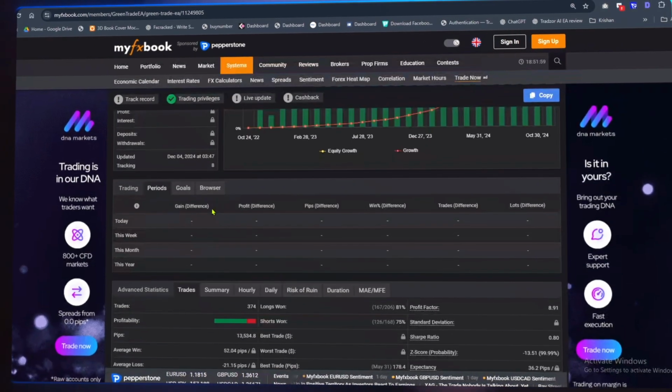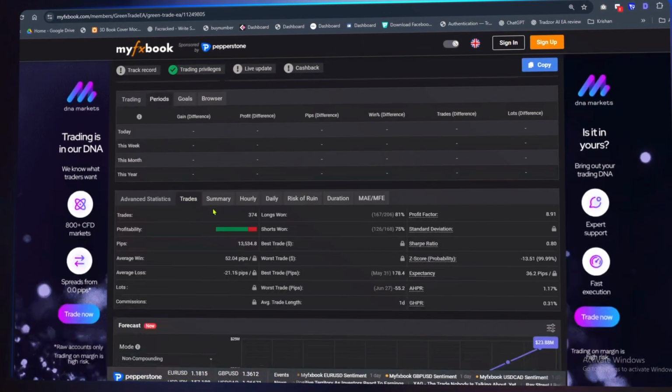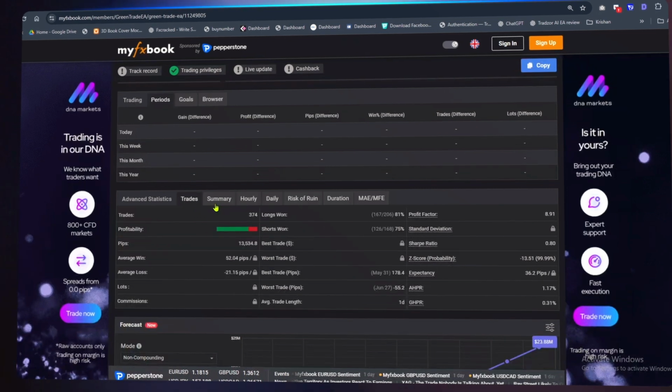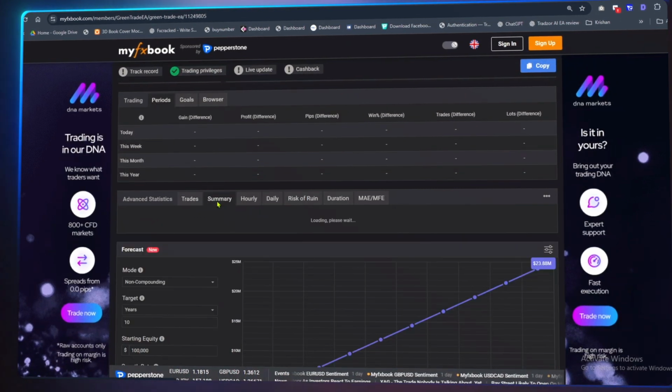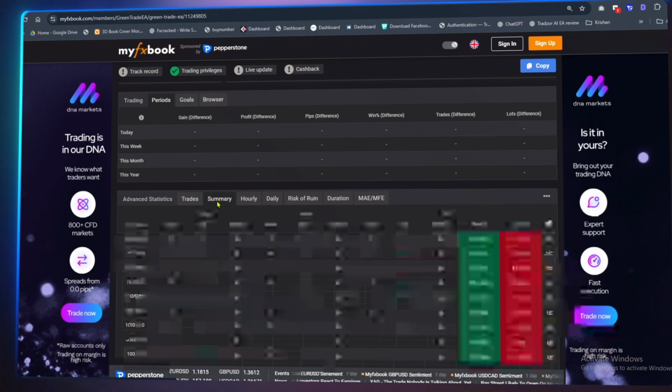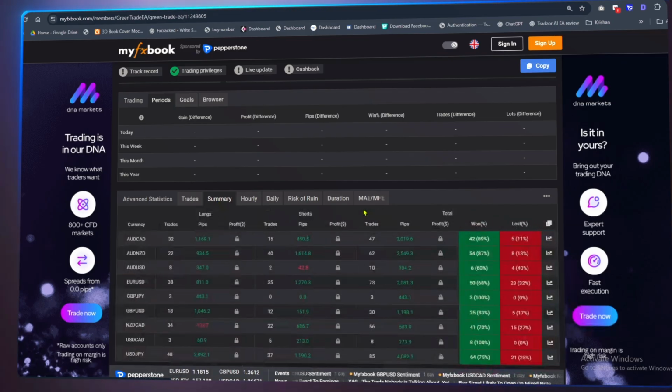to the advanced statistics, we can see multi-pair activity, including AUDCAD, AUDNZD, EURUSD, GBPJPY, GBPUSD, NZDCAD, USDCAD, and USDJPY.